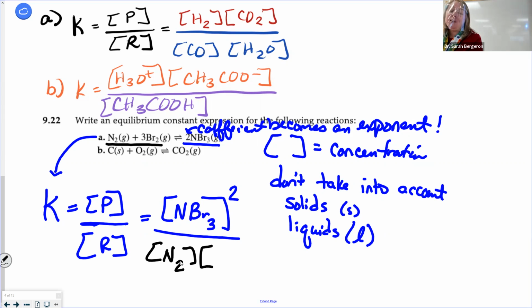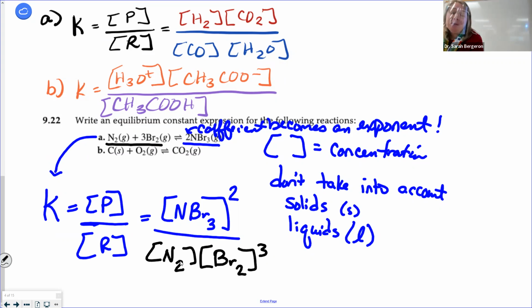So in this case, we have N2 and we have Br2. So we're going to multiply the concentration of N2 times the concentration of Br2. But what am I missing? The exponent. So this is my equilibrium constant expression.